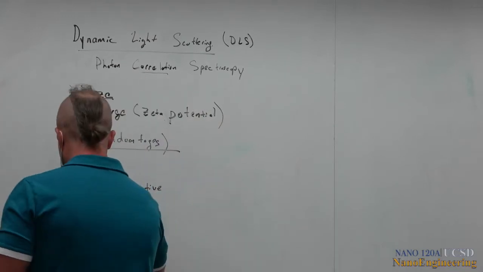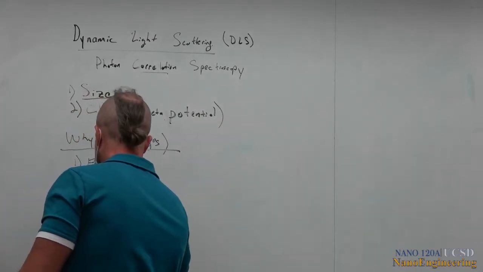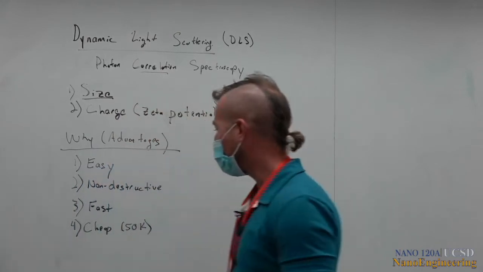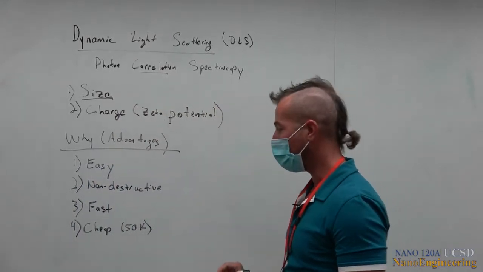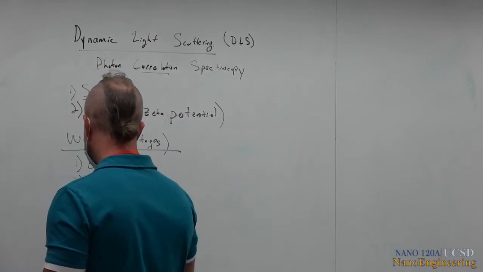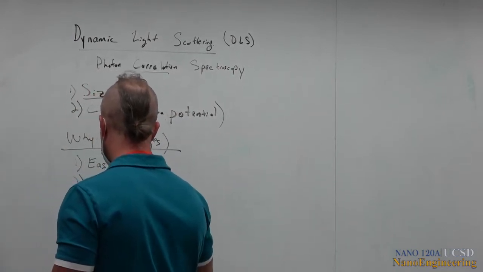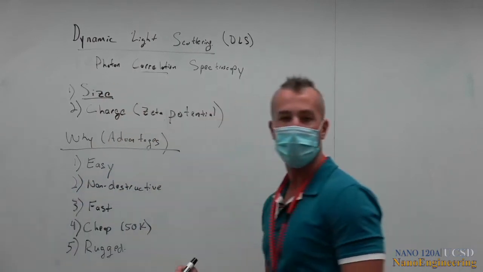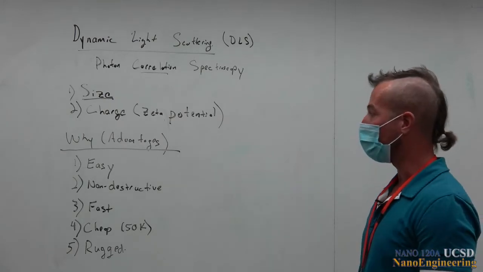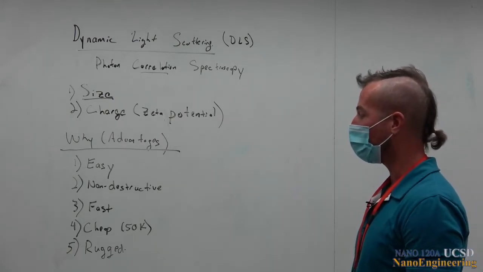It's also pretty cheap. So like I said, $50,000, which compared to an electron microscope is pretty affordable. And fifth, believe it or not, it's actually pretty rugged. I've used systems like this that are 15 years old, and they're still going pretty great. Okay.